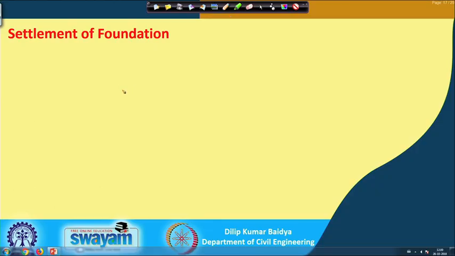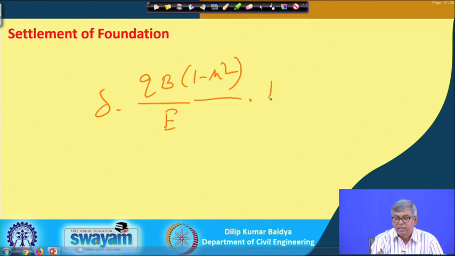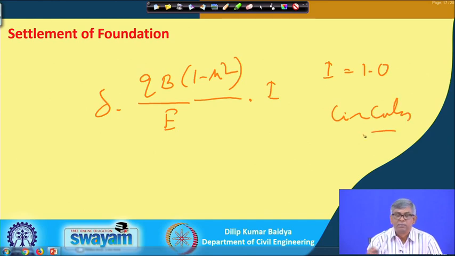So, as I have told, for the circular footing and the different shapes of footing, you know that for circular footing, settlement is q b times (1 minus mu square) by E, multiplied by I, and I equal to 1 for circular footing maximum.